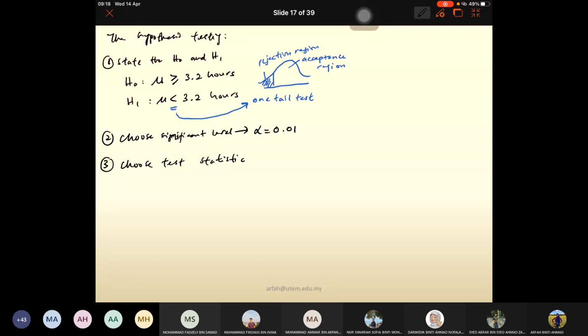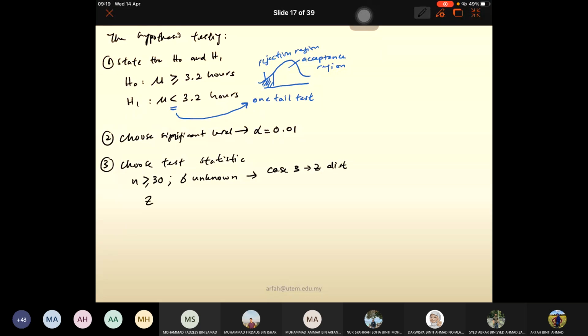Okay. So test statistik daripada sini kita tengok n is greater or equal to 30 sigma unknown. So dia adalah case 3 that is Z distribution. Okay.